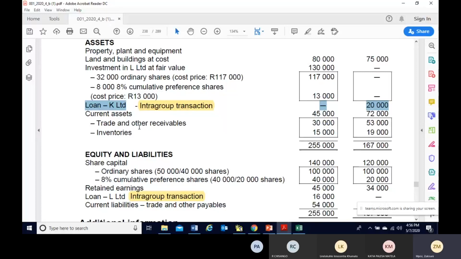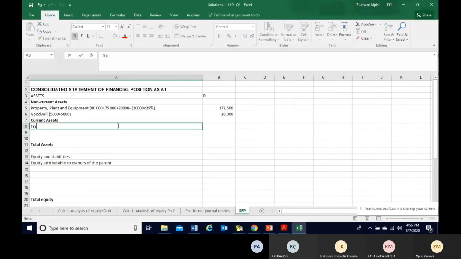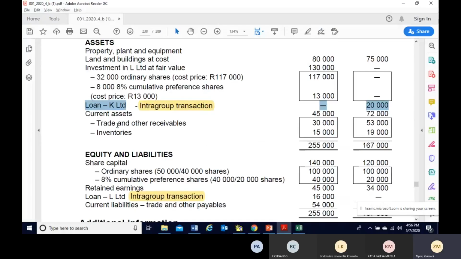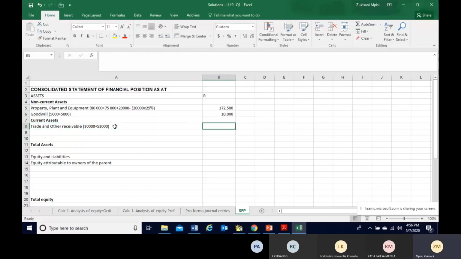Then we've got current assets, trade and other receivables. Then we are adding 20,000 plus 52,000. Quite straightforward. 20,000 plus 52,000.